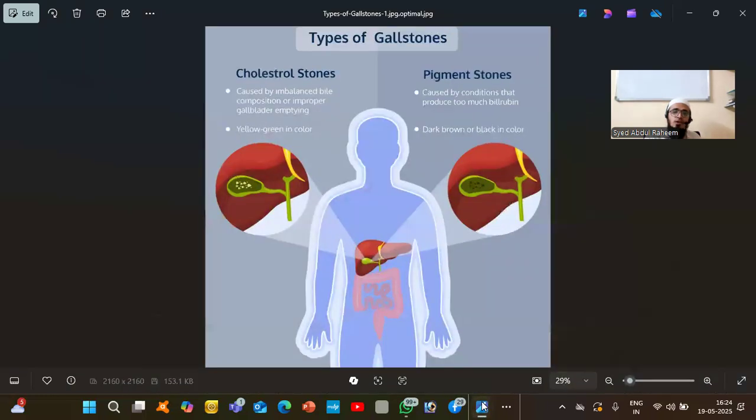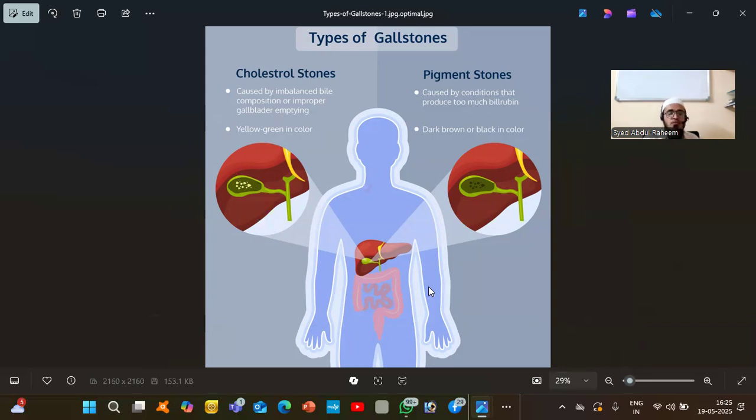Another one we are going to discuss. Those were the liver pathologies, the most common diseases. In the gallbladder, the most common pathology seen is gallstone. Gallstones are very common nowadays.